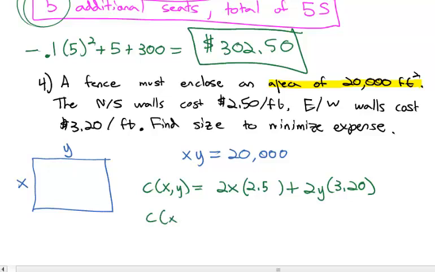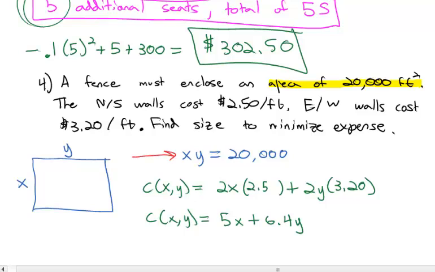So for our total cost with x and y, we've got 2 times 2.5 is 5x, plus 2 times 3.2, 6.4y. This is what we want to minimize.